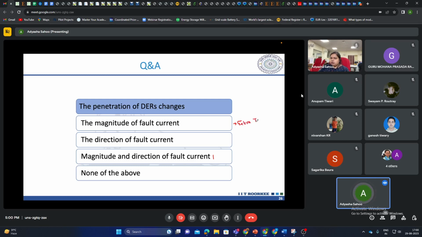Then obviously they are bidirectional in nature, due to which the traditional overcurrent relays are not able to detect. So they also affect the direction of fault current, and hence the correct answer is that they change both the magnitude and direction of fault current.